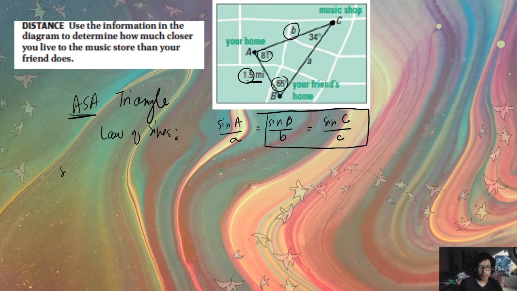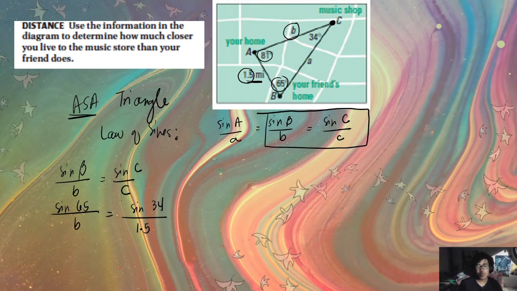If we use sine B, this gives us sine B over B is equal to sine C over C. The value of angle B is 65 degrees, so we have sine of 65 over B, which is missing, equal to sine of 34, since angle C is 34 degrees, over the value of C, which is 1.5.